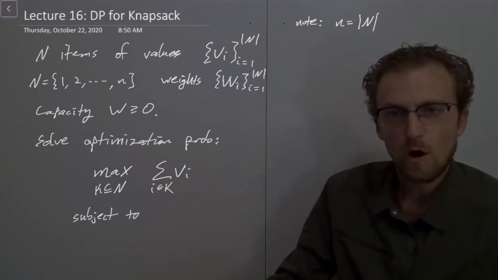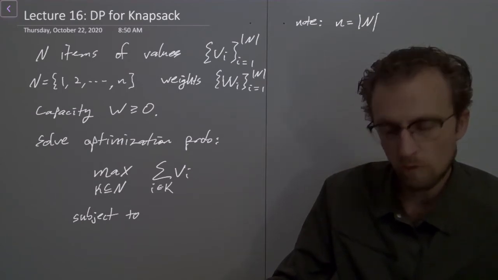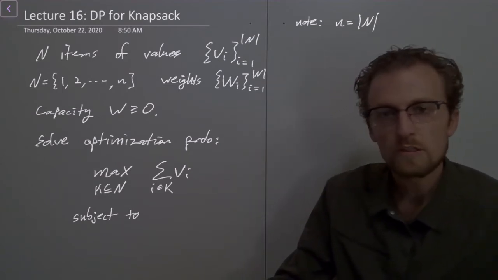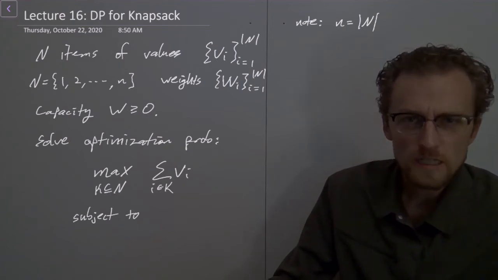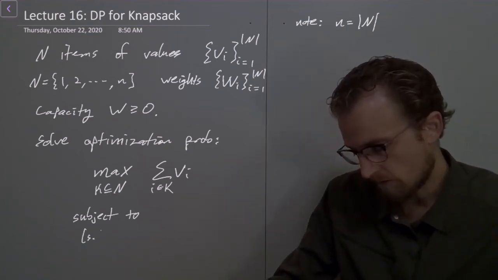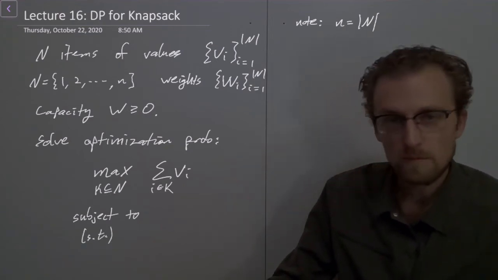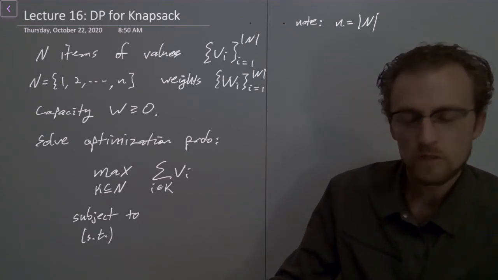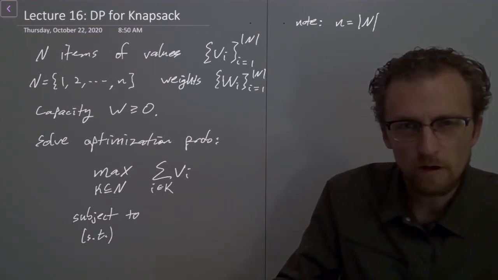For those of you who aren't as familiar with the optimization form of writing problems like this, we often take 'subject to' and abbreviate it as s.t. So if you ever see s.t. in an optimization problem, that means subject to, and now we're going to write down our constraints.